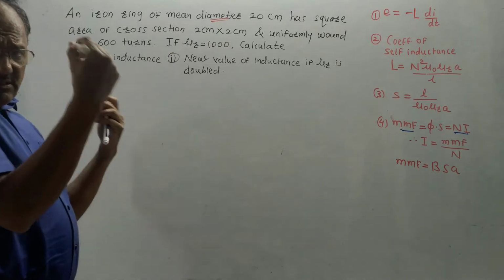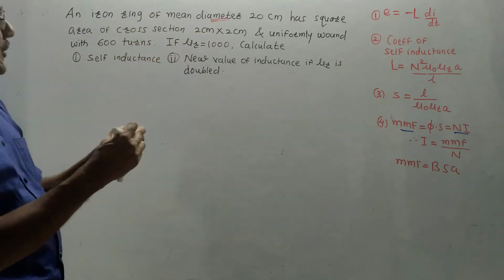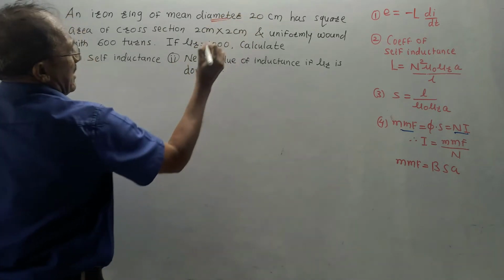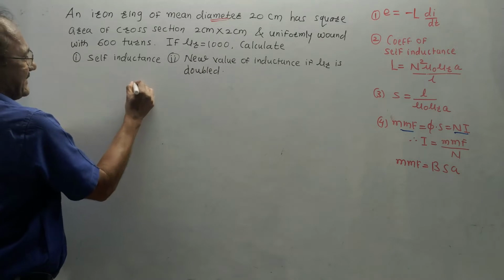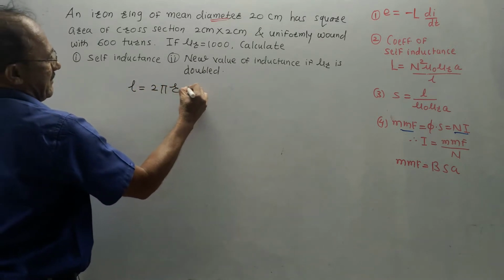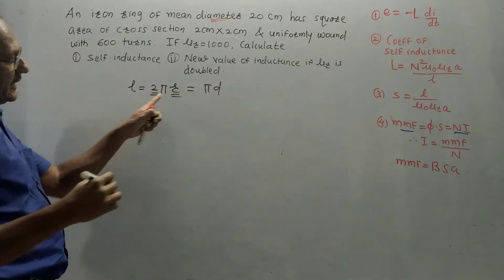As I mentioned in the earlier videos, while writing the numerical itself, be in the habit of writing in terms of notation. So this is the diameter. I need length. Length is the circumference, which is given as 2 pi r. It can be well written as pi into d, because 2 into r is diameter.